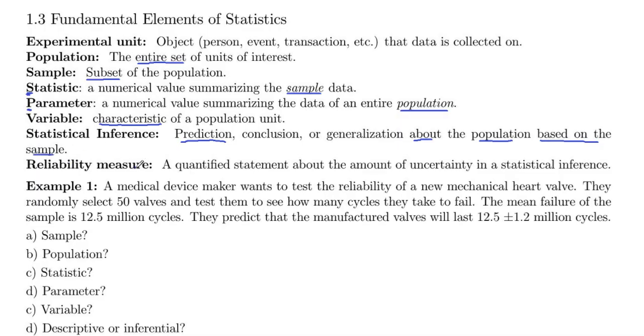So you're generalizing from sample to population. And then statistics will always include some reliability measure, which is some quantified statement here. So you've got a quantified statement about uncertainty in your inference, because you're never 100% sure of your inference.